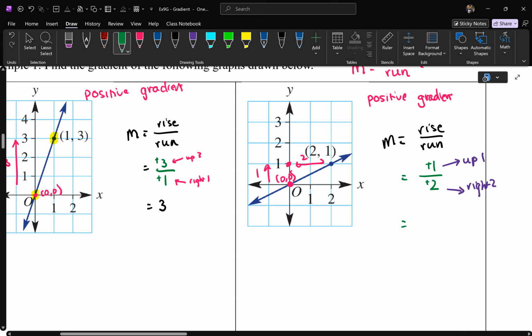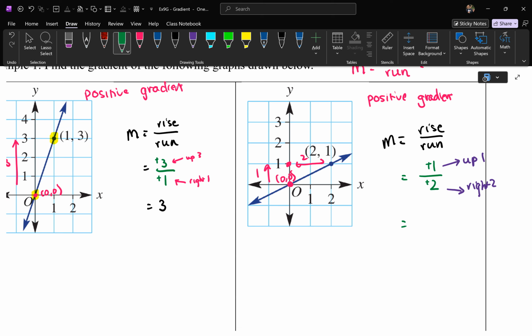What's 1 over 2? It's half, or 0.5. So you can just leave it as 1 divided by 2 is half. The gradient for this graph is half. Copy that down, please.